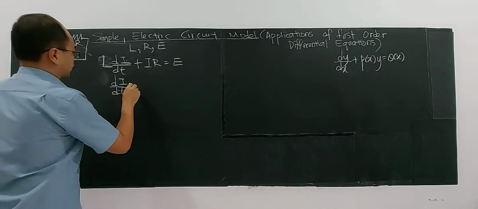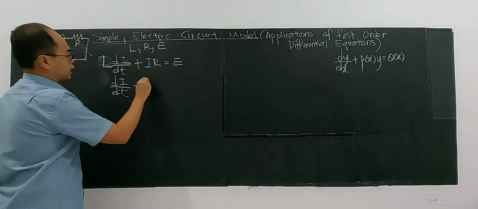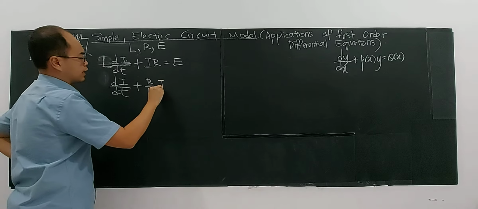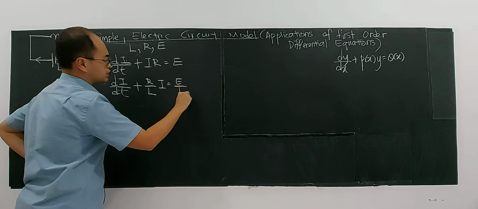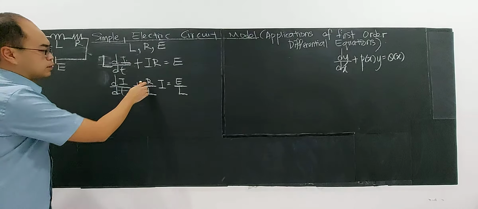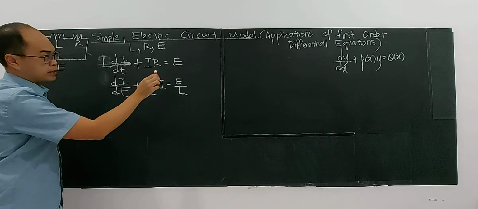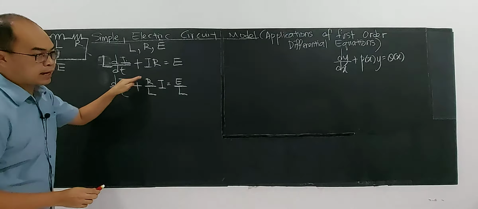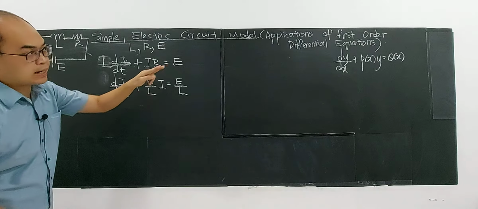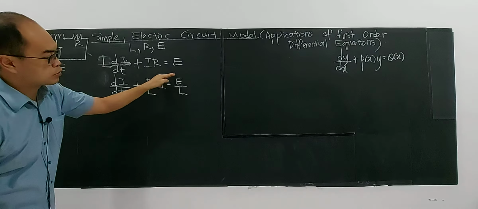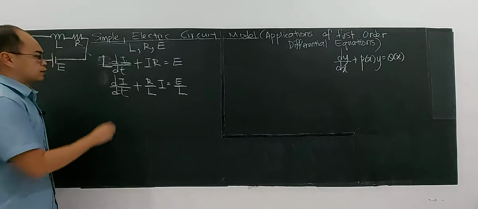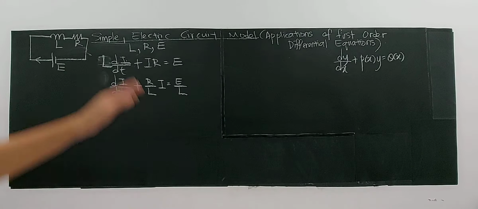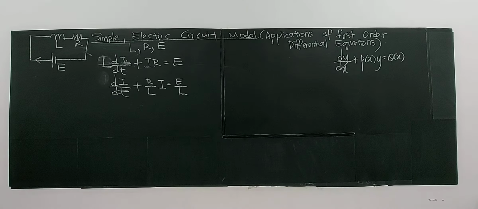So I divide everything by L, and I have di/dt plus R over L times i equals E over L. These are all constants. Compared with dy/dx plus P(x)y, y is i now. From here, I'm going to use the integrating factor to solve this equation and get the formula for the current.